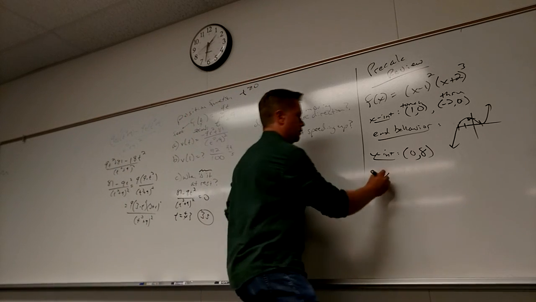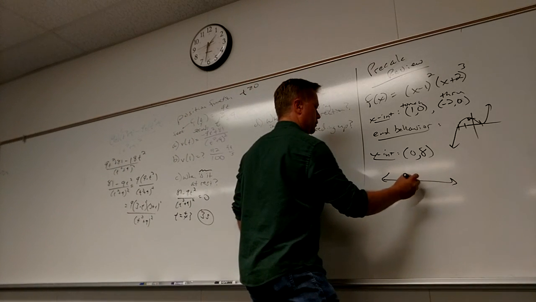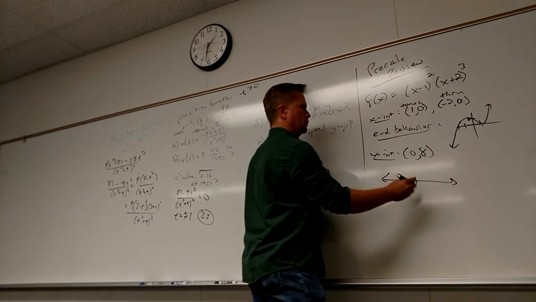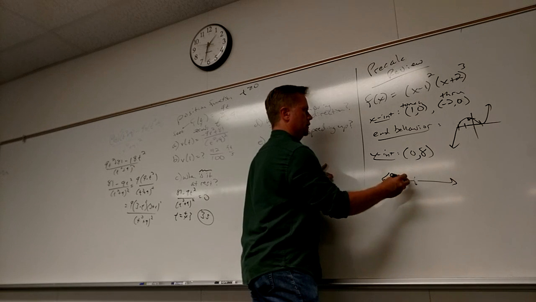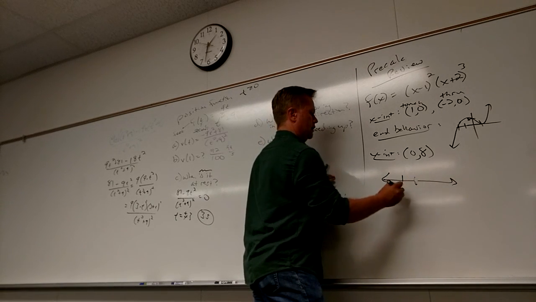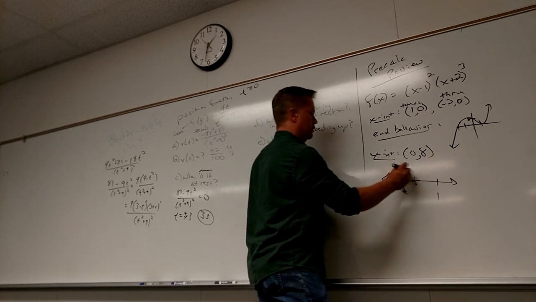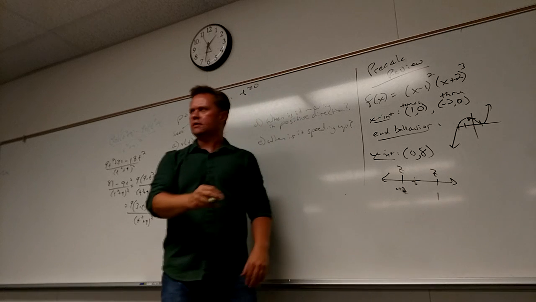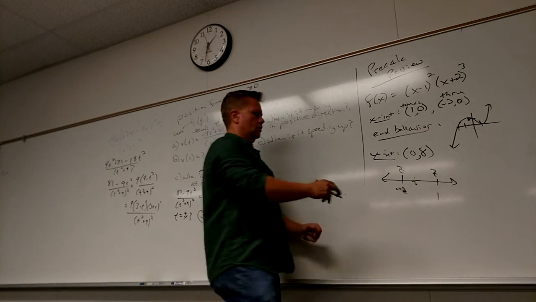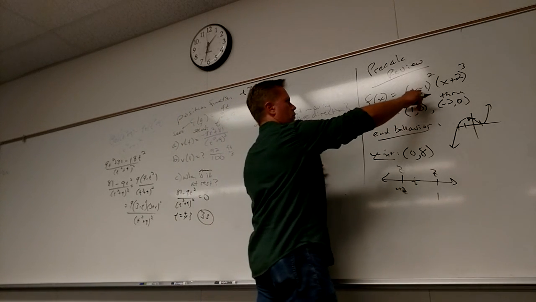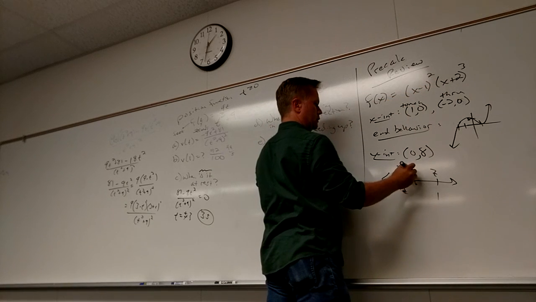Remember we are going to do a little bit of this, but I'm going to try to let you use multiplicity. So here's 1, here's negative 2 and 1. It's 0 here, it's 0 here. Do you remember making these kind of things, investigating? When you plug in 0 you get 8, so at 0 it's positive.